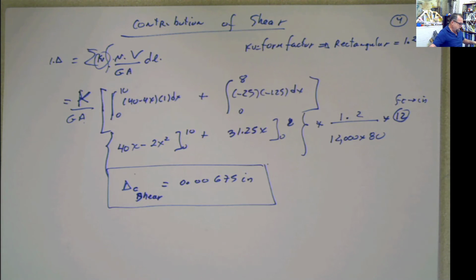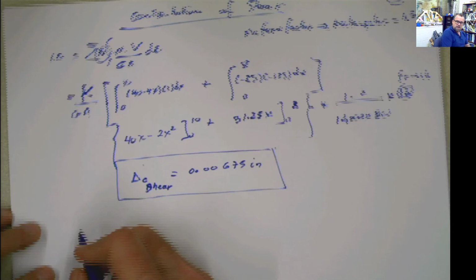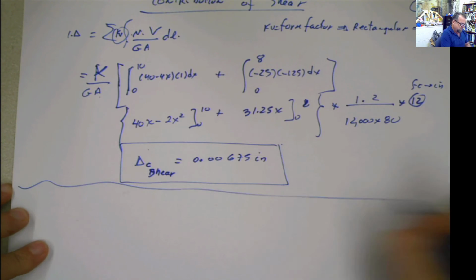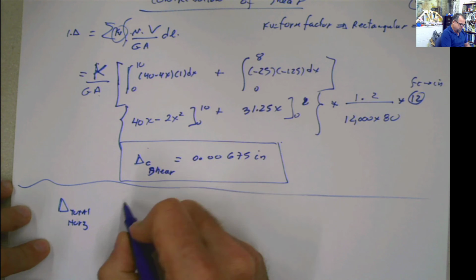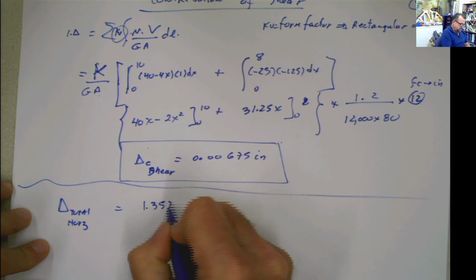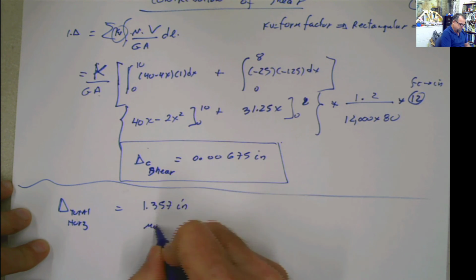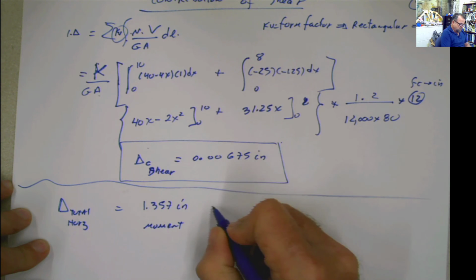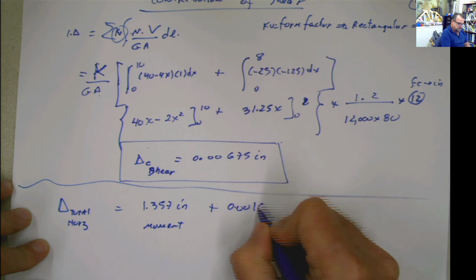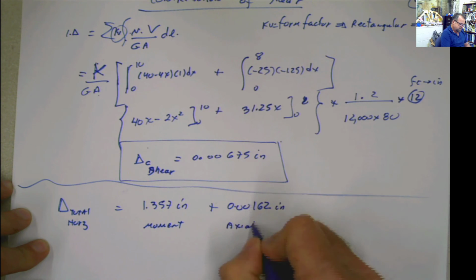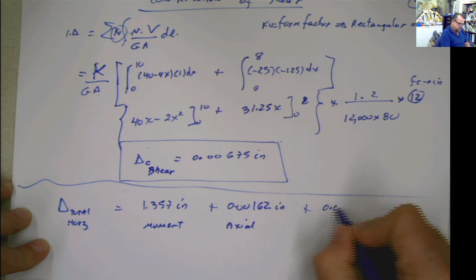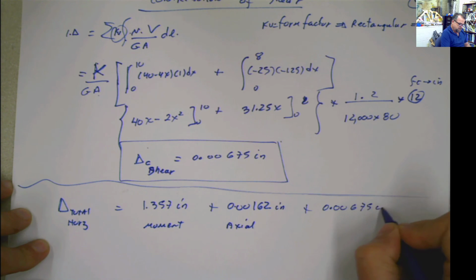Now if you put all together, the total horizontal displacement due to all the effects is going to be 1.357 inches due to moment, plus 0.00162 inches due to axial, plus 0.00675 inches due to shear.